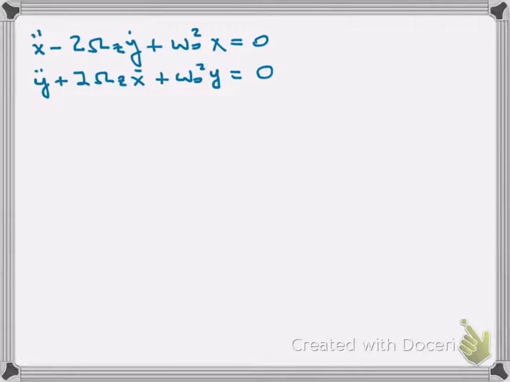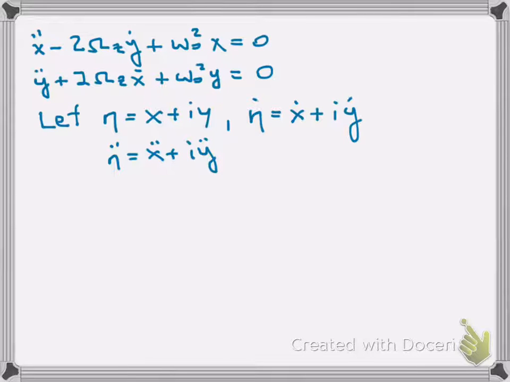Now we're going to use the same complex numbers approach to solve these two equations as we used to solve for a charged particle in a magnetic field in an earlier chapter. So to do that, we have to create a complex function. That is, we're going to create a function eta, which consists of an x equation and a y equation.